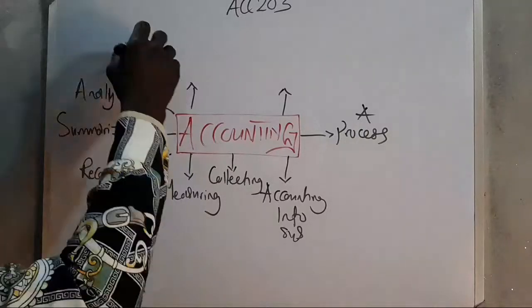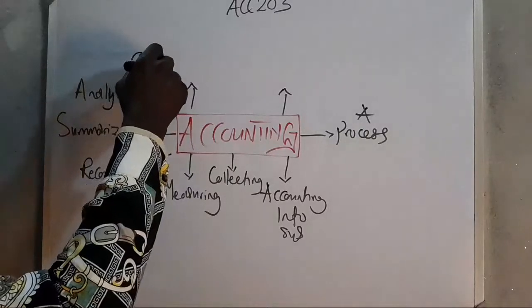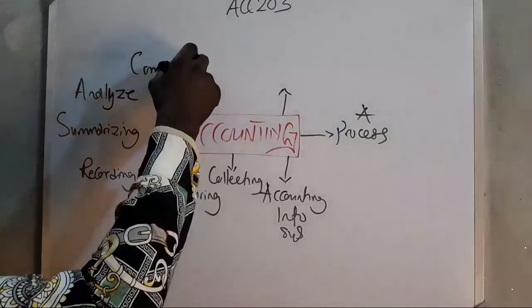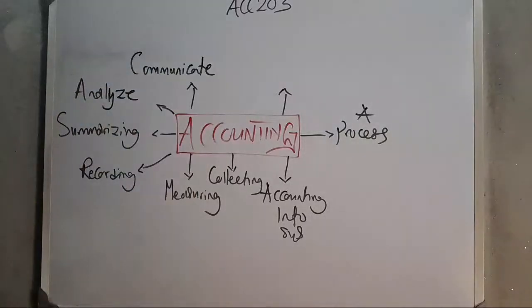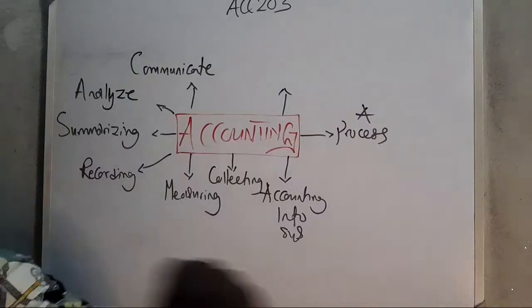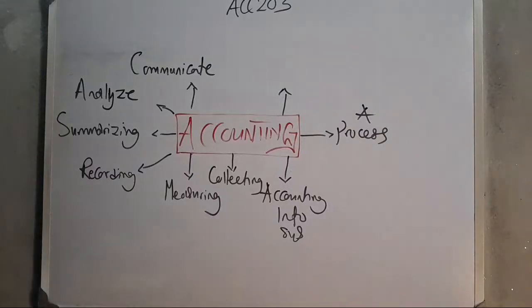Okay, after analyzing, we also need to communicate the result of the financial transaction for a particular period of time to users of financial information in order to make informed decisions.